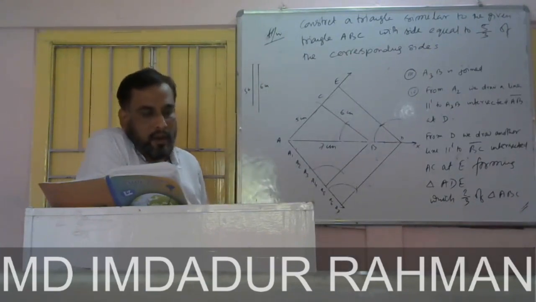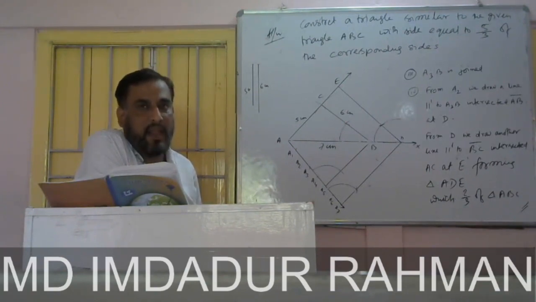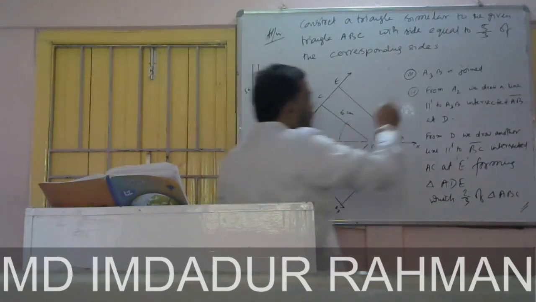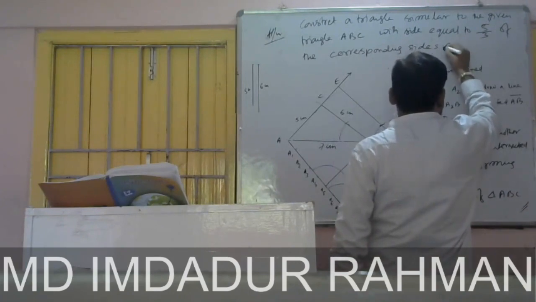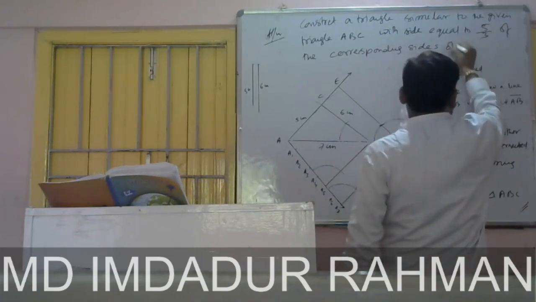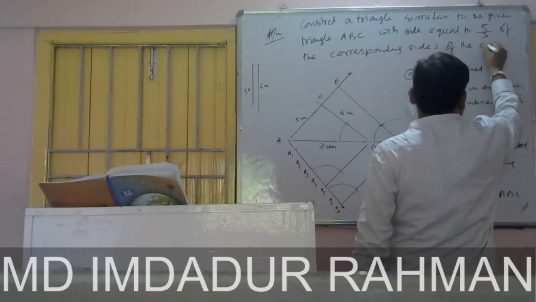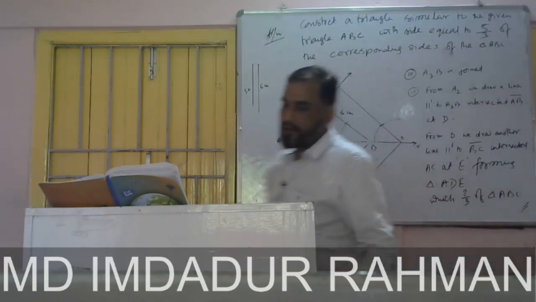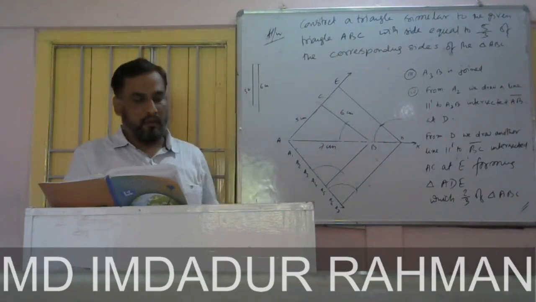Okay, construct a triangle similar to a given triangle ABC with its sides equal to 5/3 of the corresponding sides of the triangle ABC. This is your question. It remains as homework.